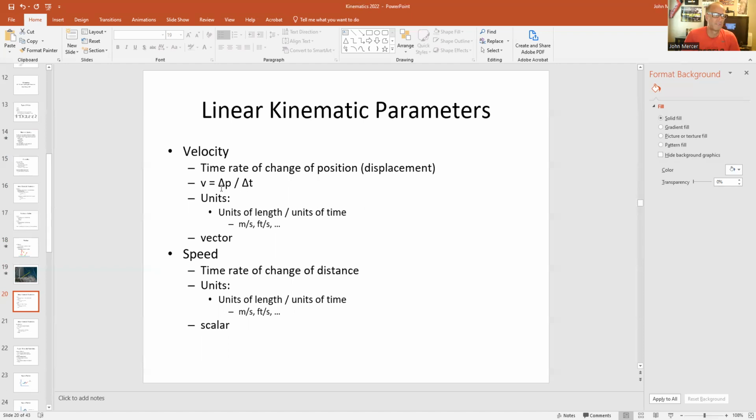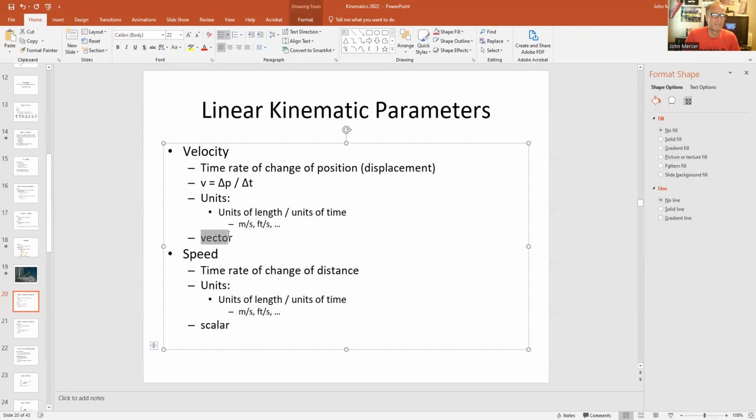The equation is delta P over delta T, so final position minus initial position in the numerator, final time minus initial time in the denominator. That's how we calculate velocity. The units of velocity are any units of length over any units of time. Meters per second, feet per second, yards per minute, miles per hour, kilometers per hour, kilometers per second, what have you.